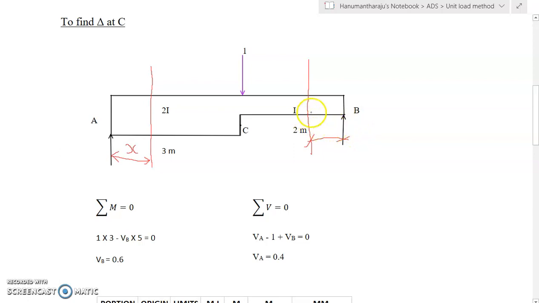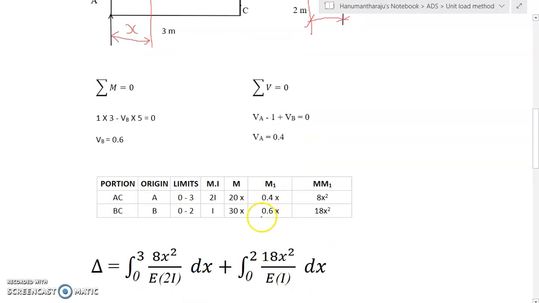Moment, if you are taking moment about the right-hand side of the section, VB into x produces an anticlockwise moment, positive. VB is 0.6x. M1 is 0.6x. The product of M and M1 is 18x square.